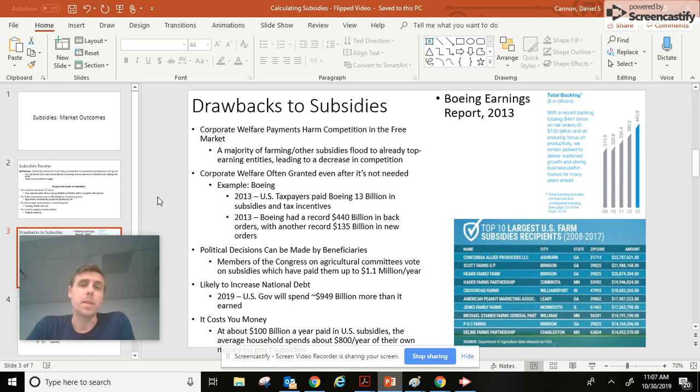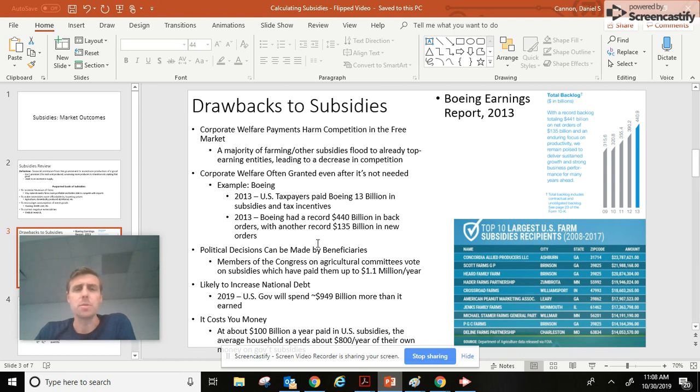The argument would be that it's great to have a strong aeronautical company in the U.S. The argument against would be that same exact year, according to Boeing's own annual report, they had a record $440 billion in backlogged sales that they were waiting to produce, and another record $135 billion in sales made just that year. So the taxpayers are paying $13 billion that year to help a company out that is clearly fine on its own. So that would be one of the negatives.